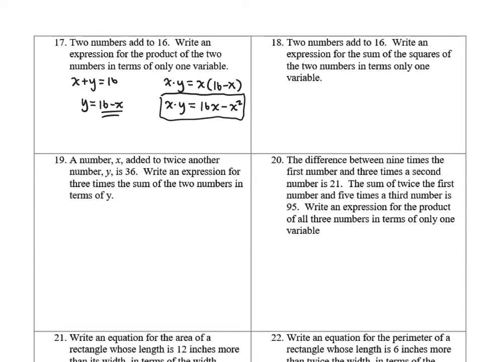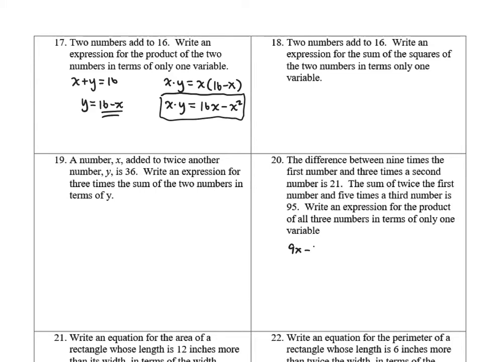Okay, let's look at number 20. The difference between 9 times the first number and 3 times a second number is 21. So let's write this. It looks like 9 times the first number. Difference means subtraction.